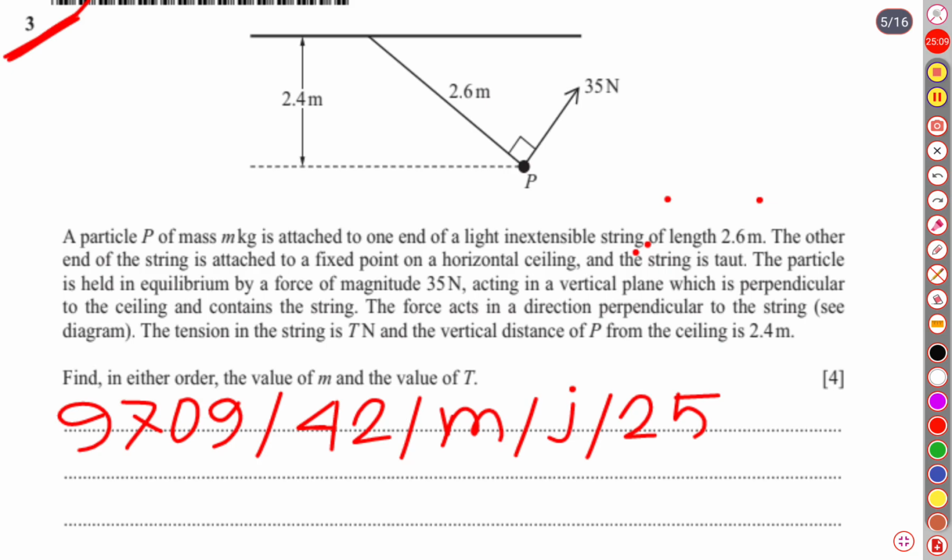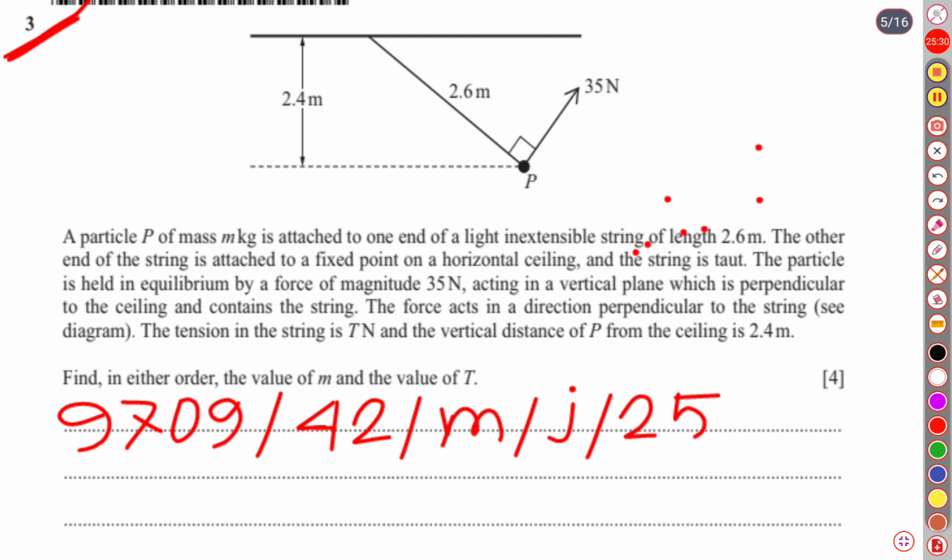The force acts in a direction perpendicular to the string. The tension in the string is T Newton and the vertical distance of P from the ceiling is 2.4 meters. Find, in either order, the value of m and the value of T.